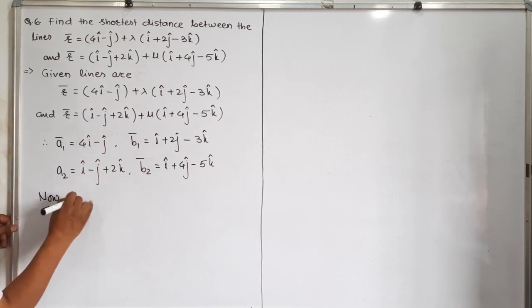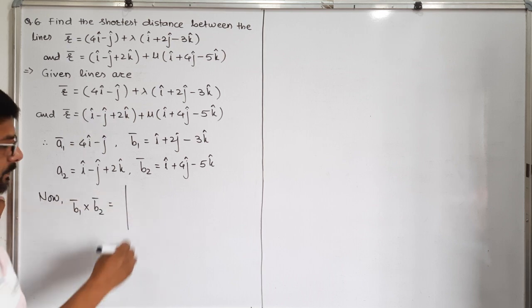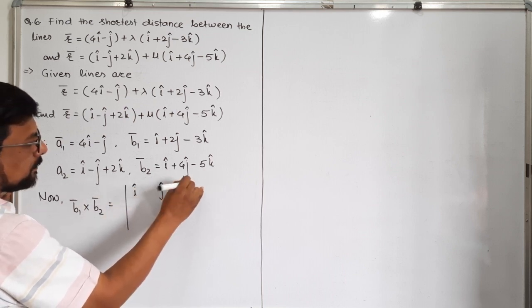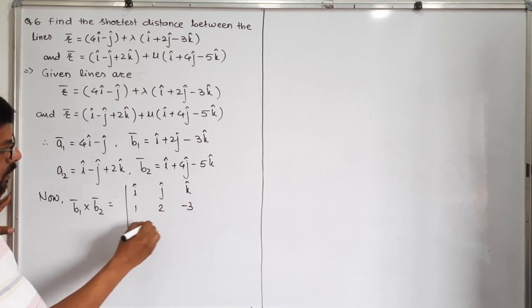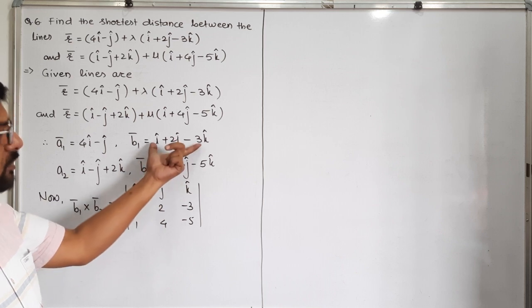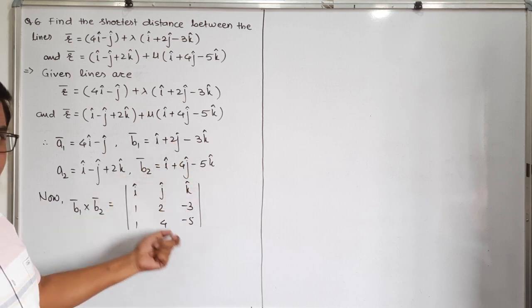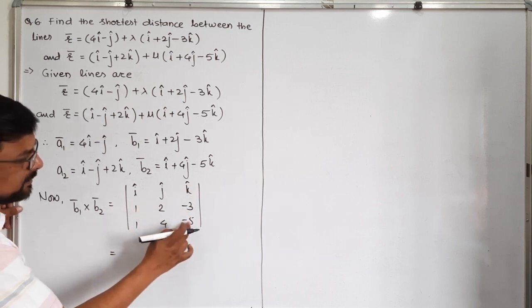b1 vector cross b2 vector is equal to the determinant with i, j, k, then 1, 2, minus 3, and 1, 4, minus 5. These are the components of b1, these are the components of b2. Now we'll take the cross product, that is nothing but solving this determinant.